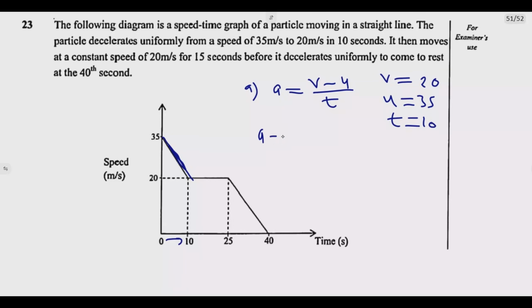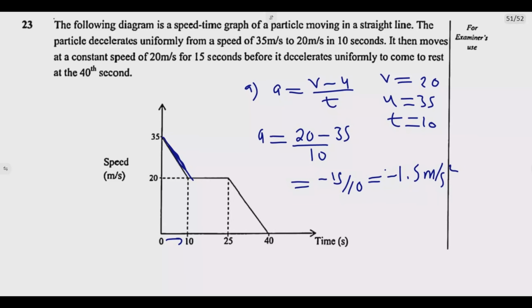So acceleration is equal to 20 minus 35 over 10, which gives me minus 15 over 10, which gives me minus 1.5 meters per second square.